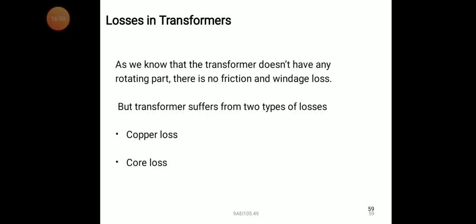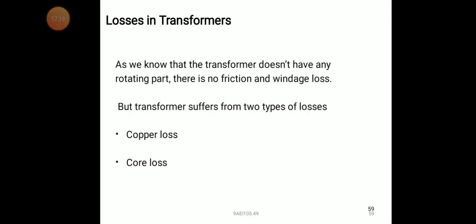We already said that the transformer is a static device. So the transformer does not have any rotating part, and there is no friction and windage loss. If we don't have any rotating part, there is no friction loss and no windage loss. That is the advantage of the transformer.